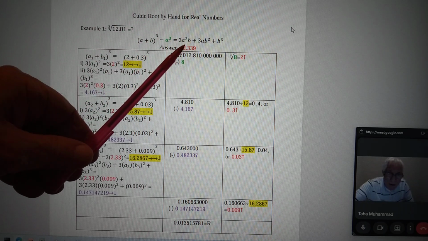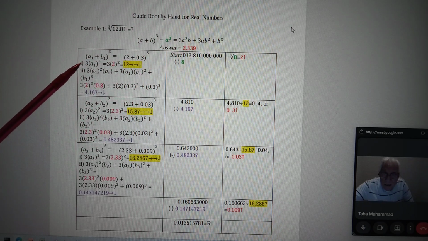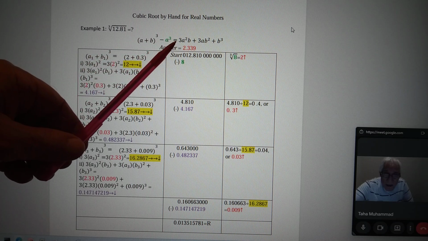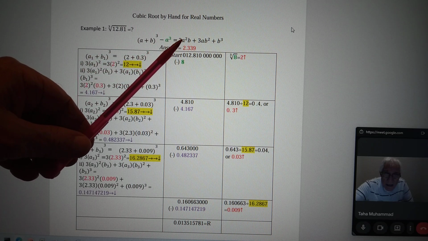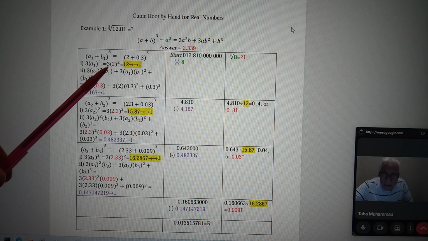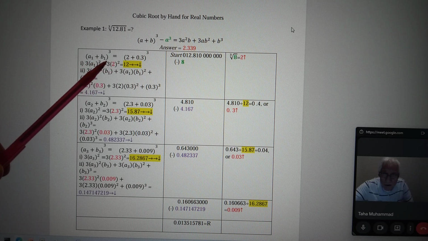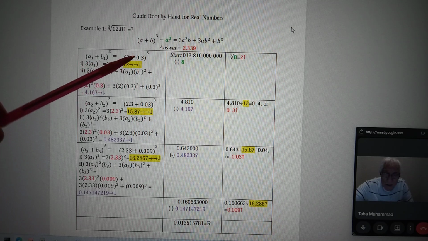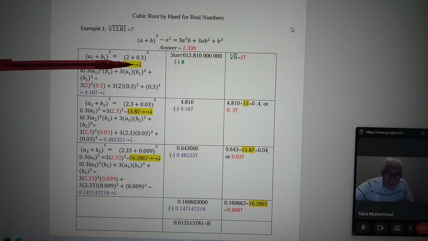But remember, you have 3a squared b, and you don't know b, but you know a. Okay, a is how much? 2. See, 3a1 squared means 3 times 2 squared. 4 times 3 is 12. This 12 moves to the bin.